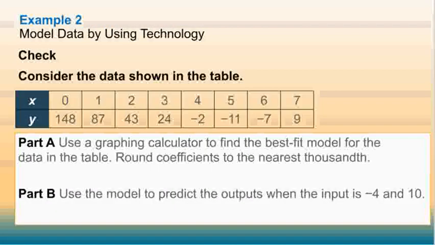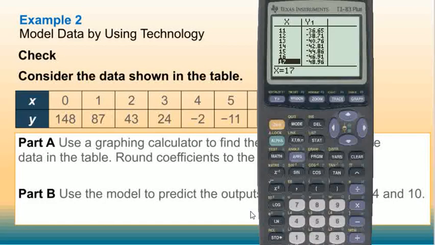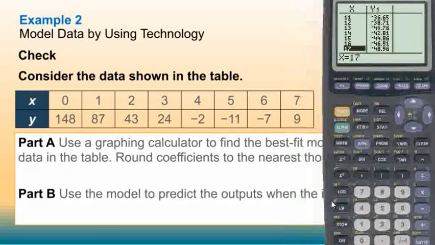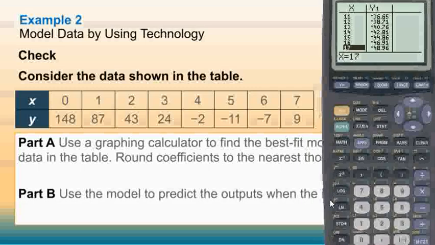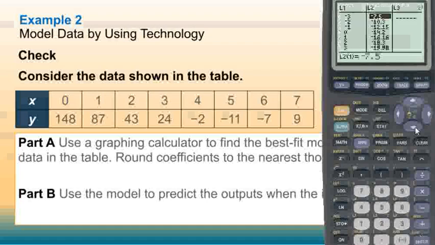Next, consider the data shown here. We're going to find the line of best fit for this one and find out what the input would be with negative 4 and 10. We'll grab our calculators. Clear what we have here. So stats, enter.